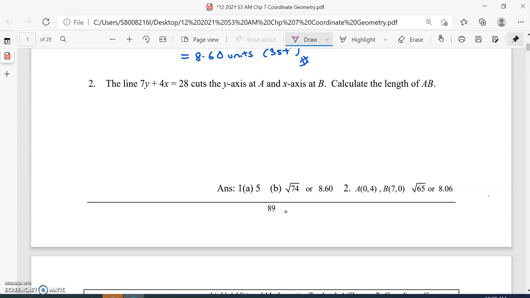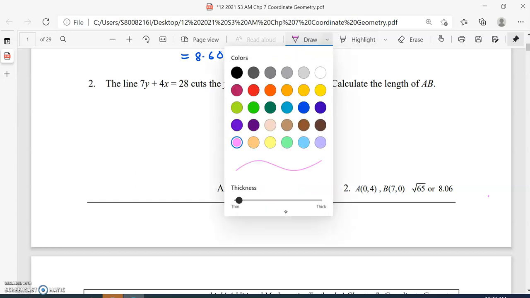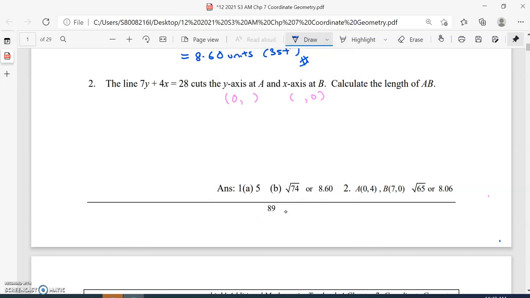When the point A is on the y-axis, we know that the x-coordinate is 0. And the other one, B, is on the x-axis, meaning the y coordinate is actually 0. Let us use the equation to check out what exactly A and B are.